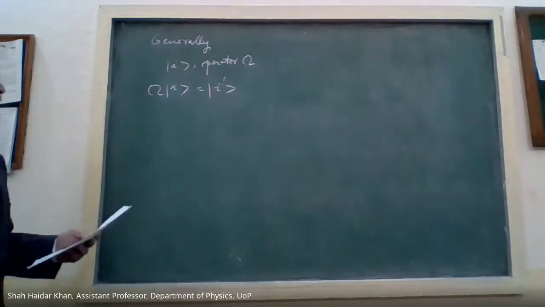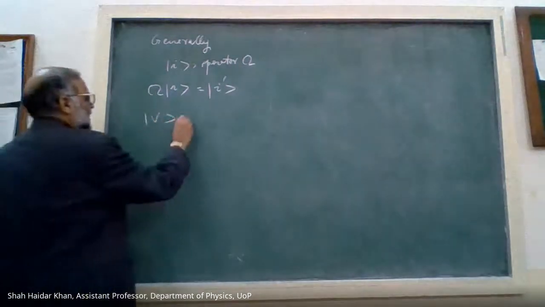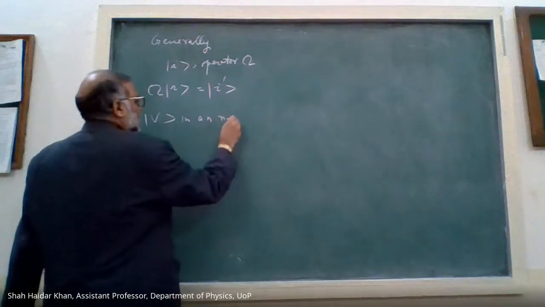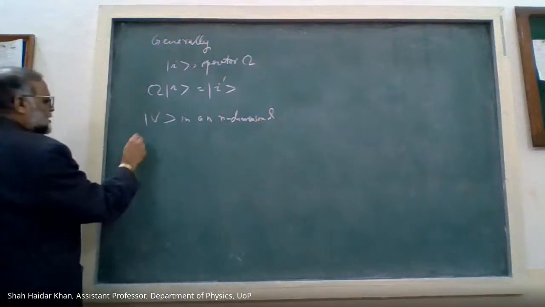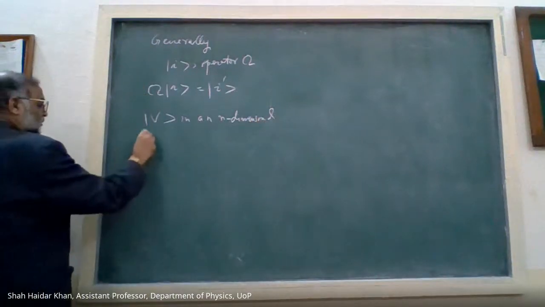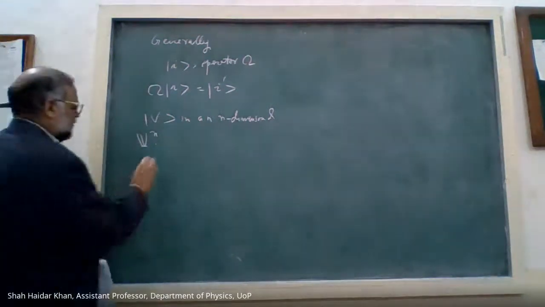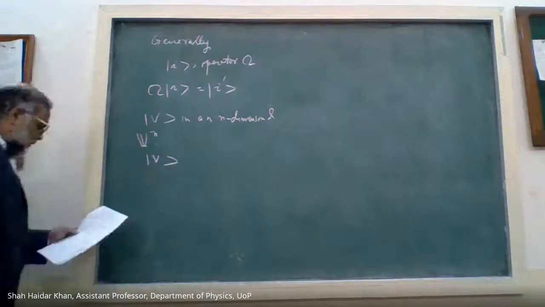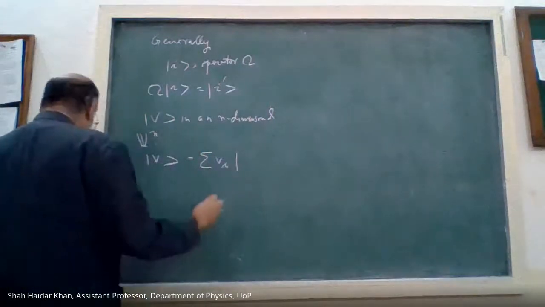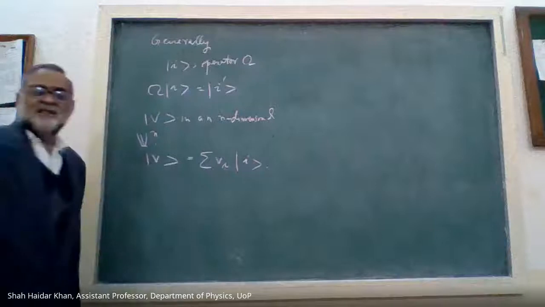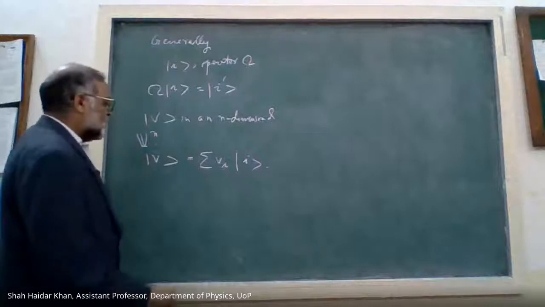In the same manner, suppose we have a vector V in an n-dimensional linear vector space, then we can represent V in terms of its components. That is equal to Vi into I, where I is a basis vector. We have some basis, and I is a basis vector.